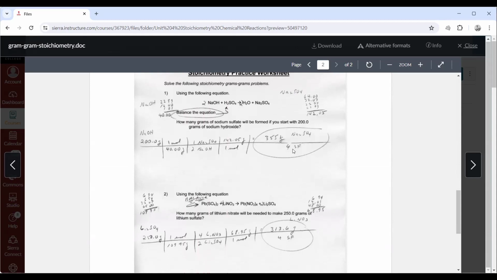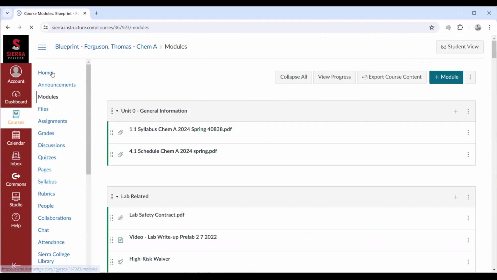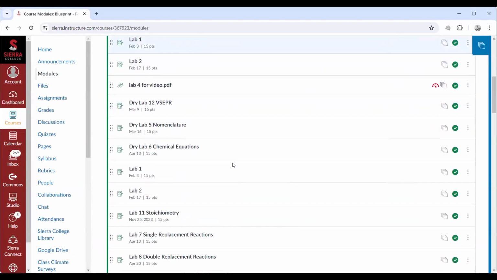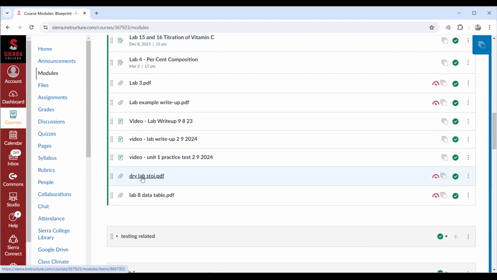And secondly, if we go to modules, and we go to lab related, this is the replacement dry lab, or the dry lab next couple weeks. I forgot whether it's this week or next. I think it's next week.